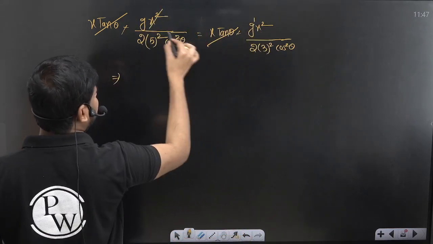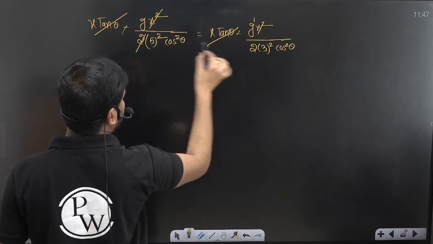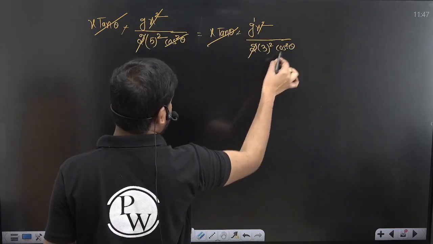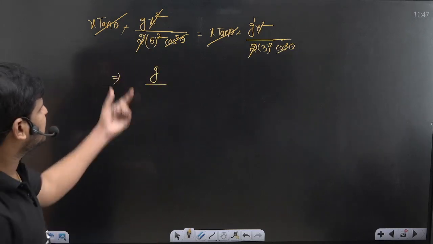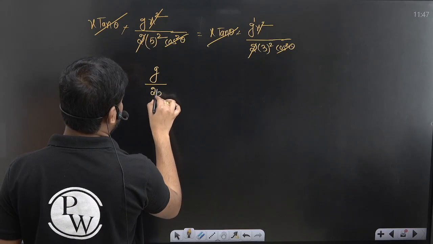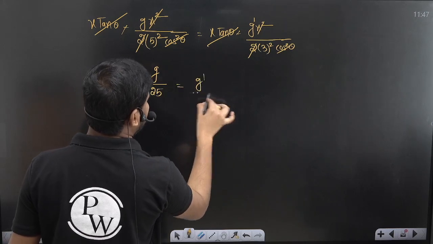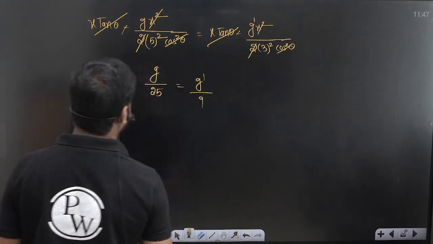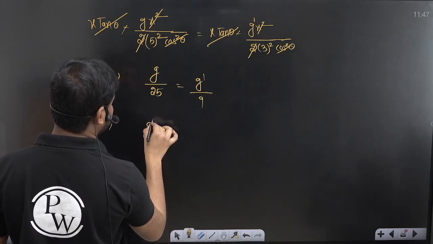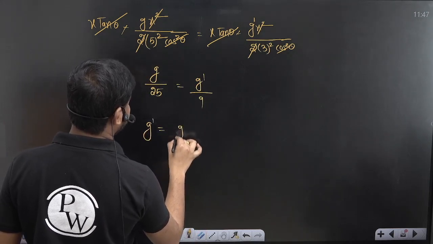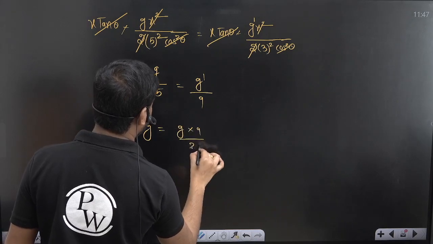So I am left with g by 5 square, which is 25, equals g dash by 3 square, 9. So the g dash we required is g into 9 by 25.